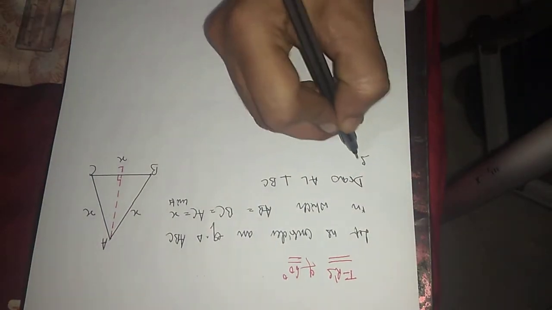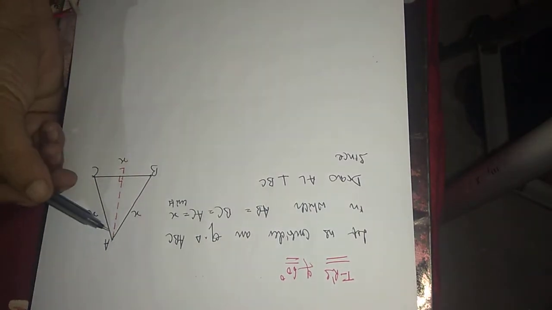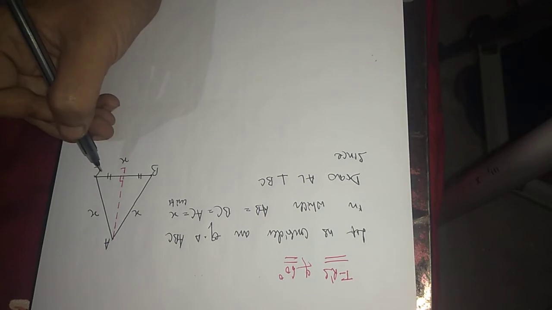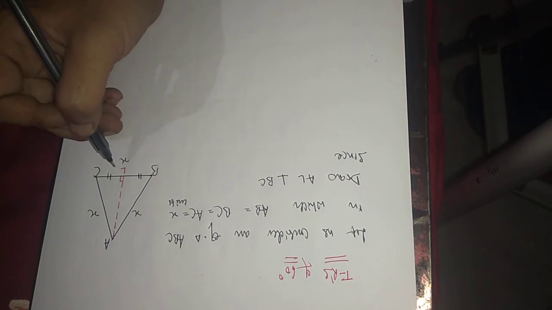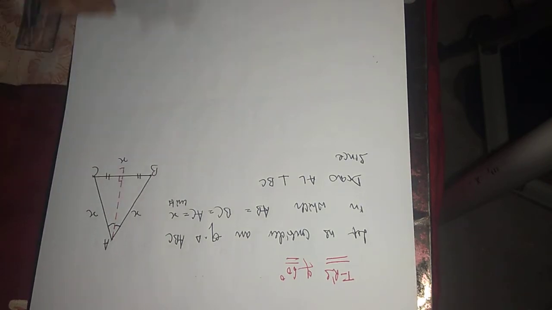As we know, it is the particular property of the altitude of an equilateral triangle that it always bisects the opposite side as well as the vertical angle through which it is drawn.